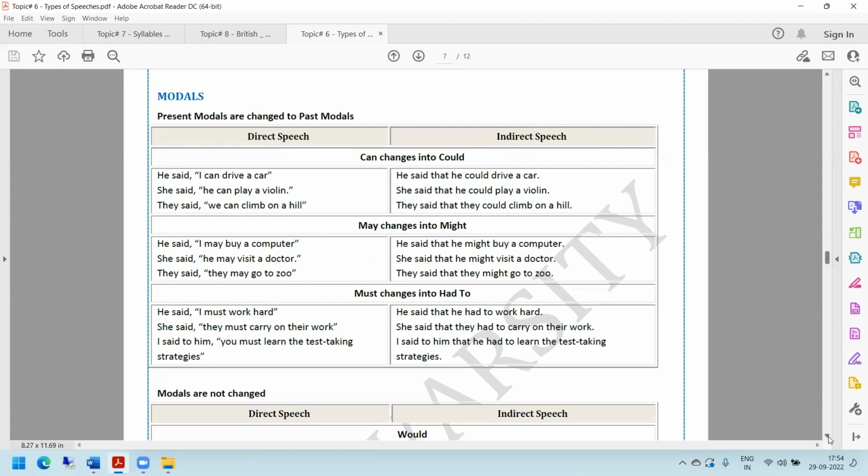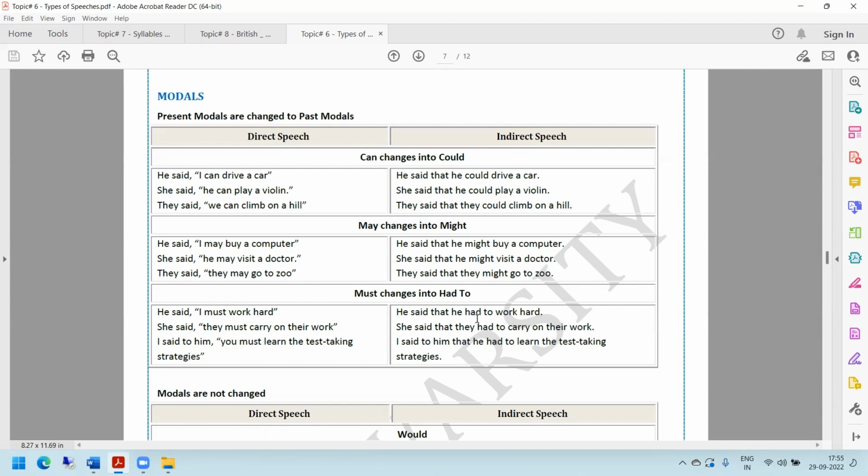Okay. Similarly, must changes to had to. He said, "I must work hard." He said that he had to work hard. She said they must carry on their work. She said that they had to carry on their work. So see the changes.